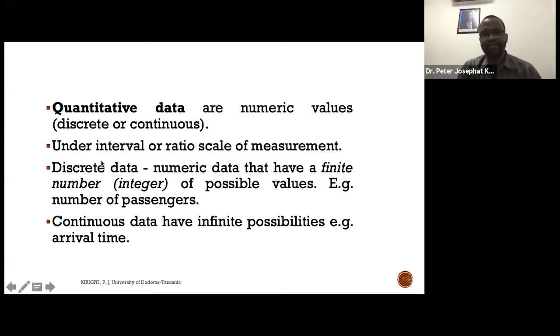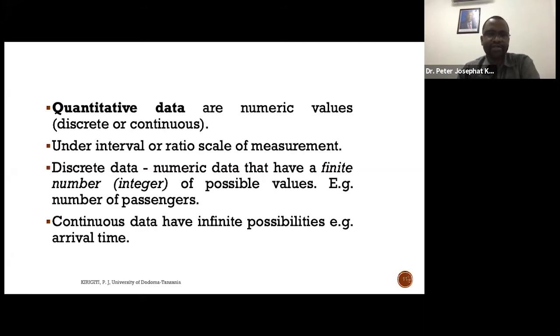As I've said, for the case of discrete data, for instance, if we are to find the number of participants who have joined this meeting now, we are going to have a numeric value, but it is an integer because we are not expecting a fraction of people. For the case of continuous, this is data which have infinite possibilities.